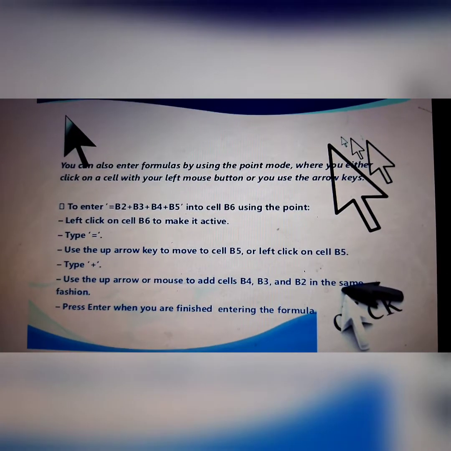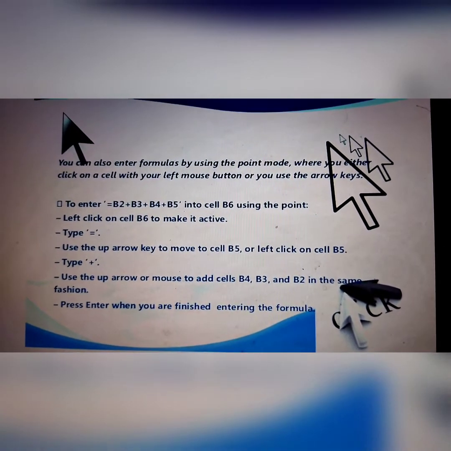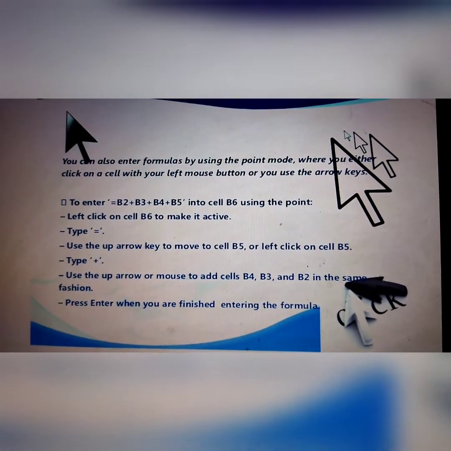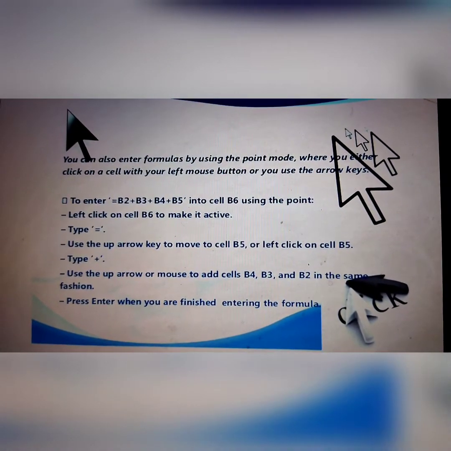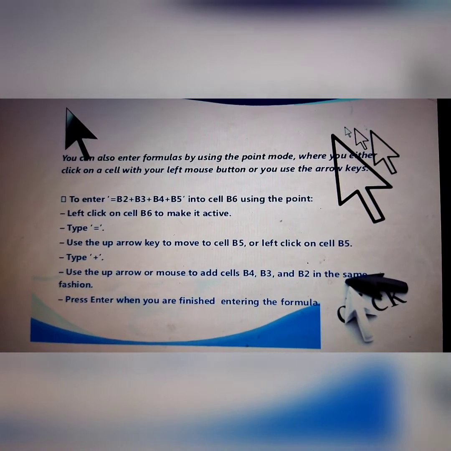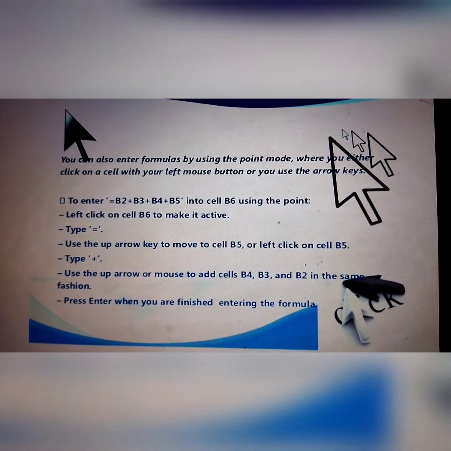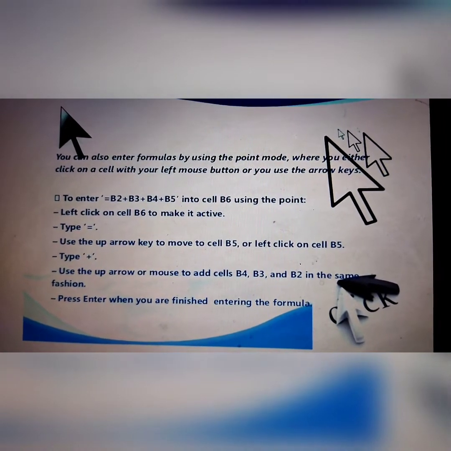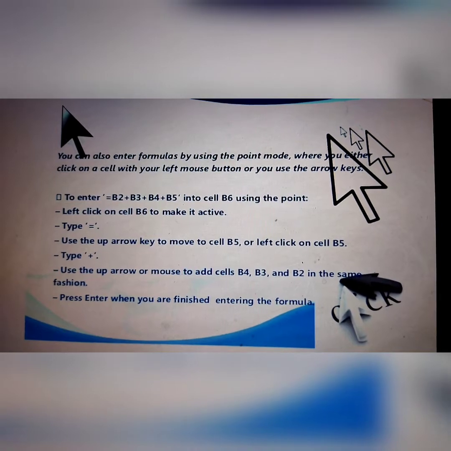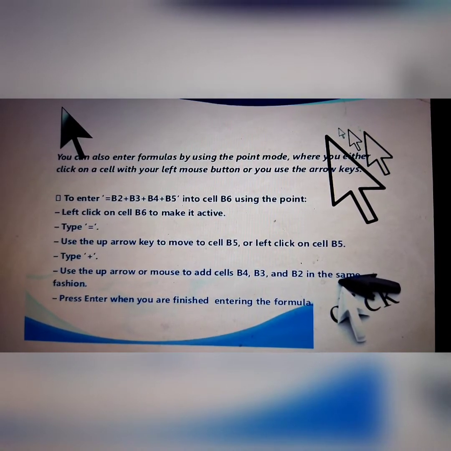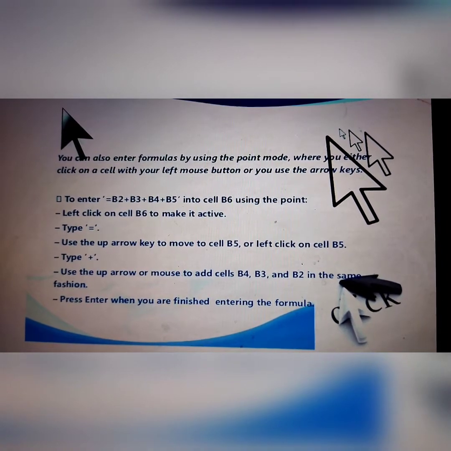You can also enter a formula by using the point mode, where you either click on a cell with your left mouse button or use the arrow keys. First enter equal, then B2 plus B3 plus B4 plus B5. To enter the formula into cell B6 using point mode, left click on cell B6 to activate it. Type the equal sign.